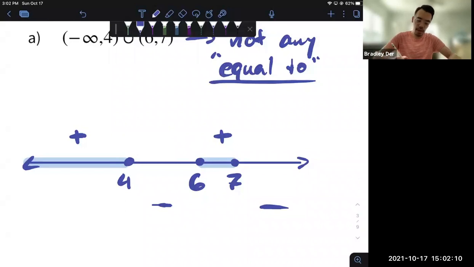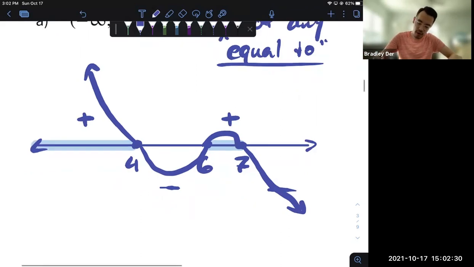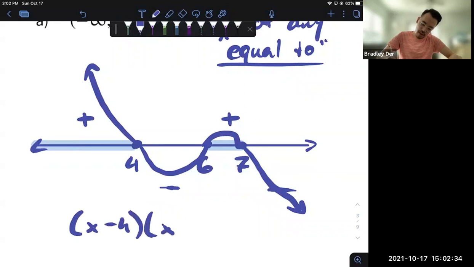Right, and if that's the case, then let's just draw in a graph that matches the signs that we want our y values to have, right? I've drawn a graph in like so. And once we have that, we just kind of have to write a polynomial that would match our roots and our end behavior. So I'm seeing an x minus 4, an x minus 6, and an x minus 7, right?